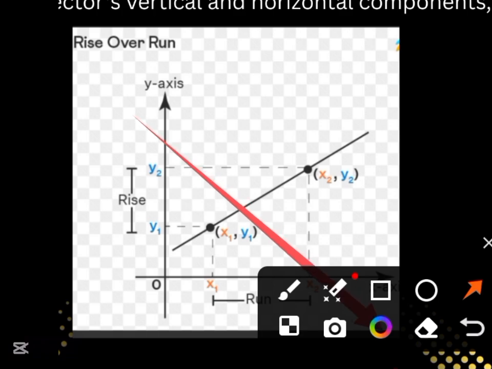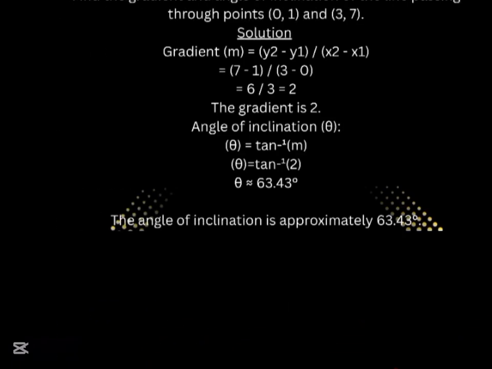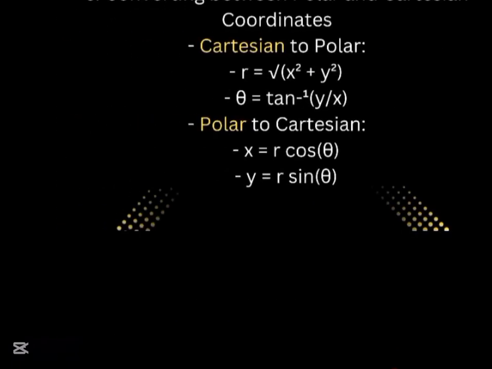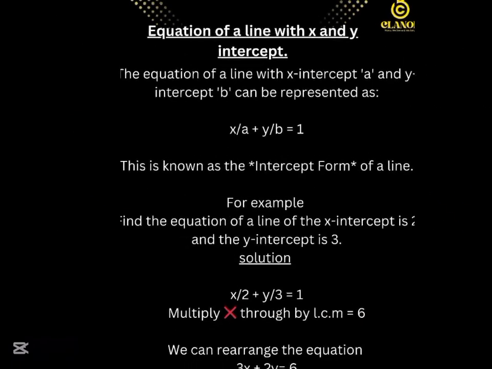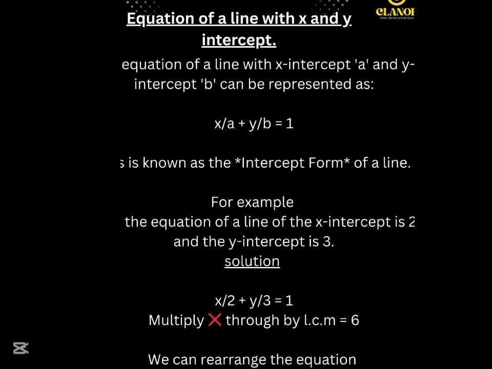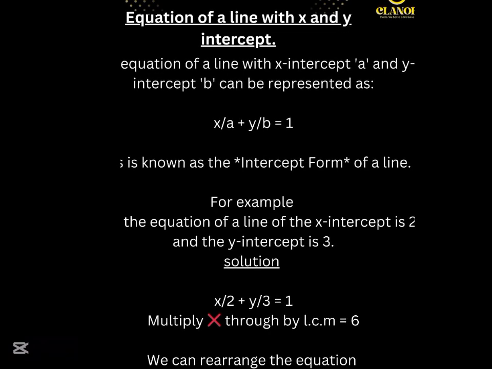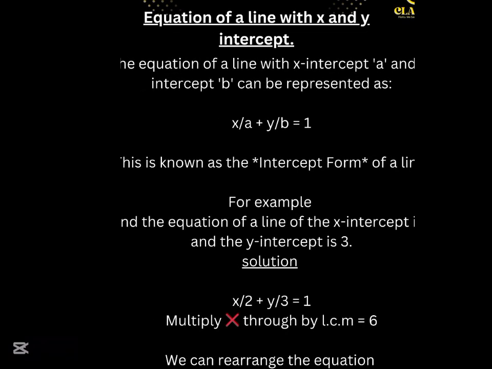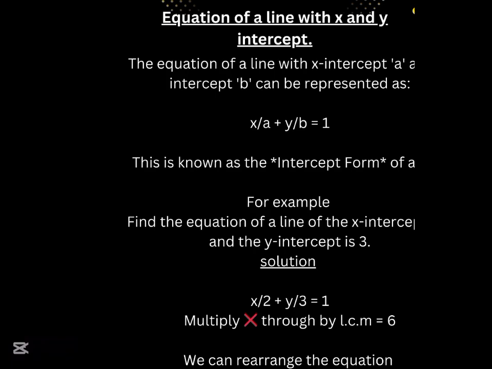So in this case, we have a formula for it. A line with x and y intercept is represented as x/a plus y/b equals 1, where a is the intercept on the x-axis and b that of the y-axis.